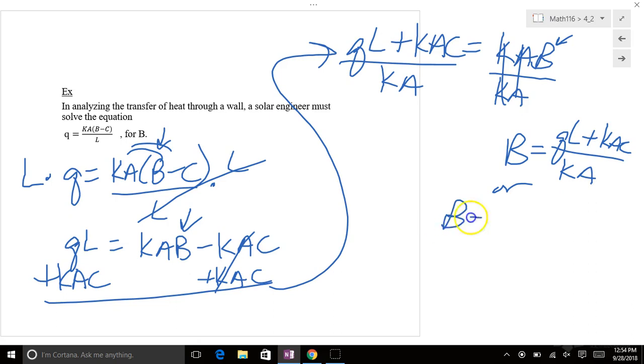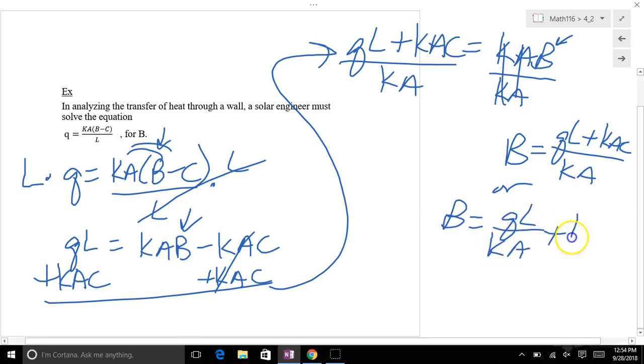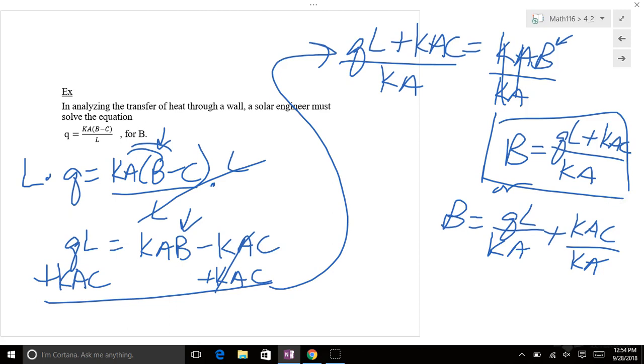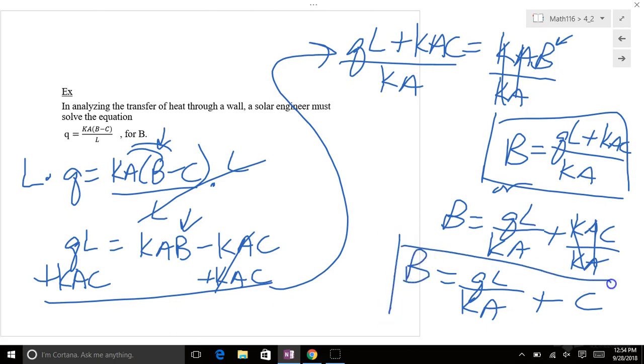Or you can write that as QL over KA plus KAC over KA, since that's a common denominator. So here's one answer. But in this case, you would want to cancel those KA. So QL over KA plus C. That's another form. Either of those is fine.